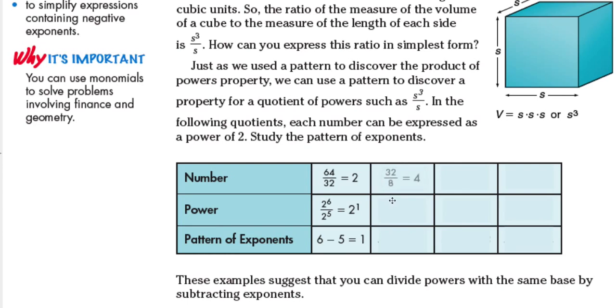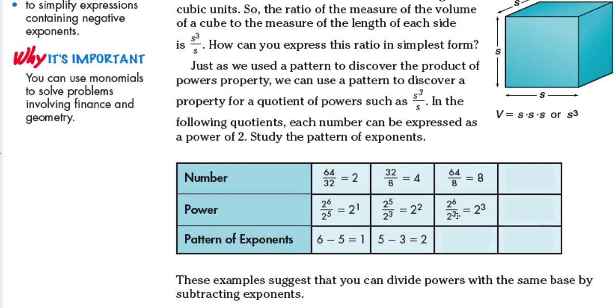Let's take a look at another number. 32 over 8 equals 4. 32 is 2 to the 5th power, 8 is 2 to the 3rd power, and 4 is simply 2 to the 2nd power. So we're simply subtracting 3 from 5 to get 2. Let's look at the next number. 64 over 8 equals 8. 64 is 2 to the 6th power, 8 is 2 to the 3rd power, and 8 is simply 2 to the 3rd power.